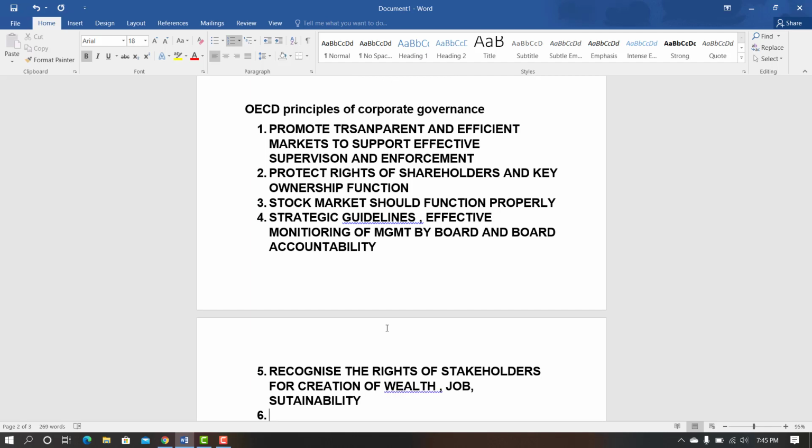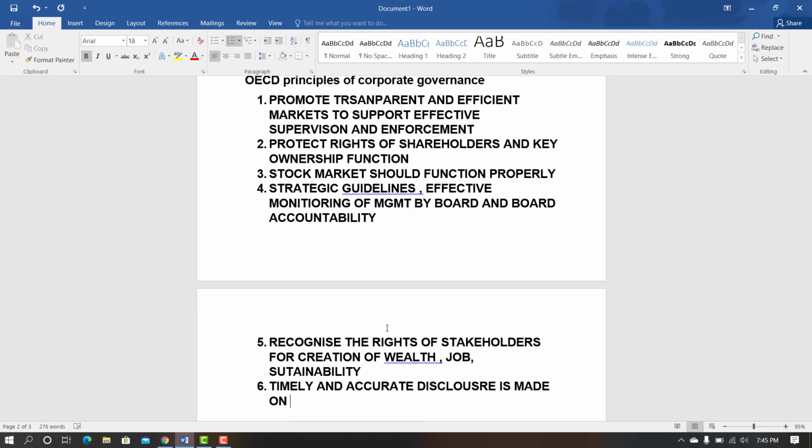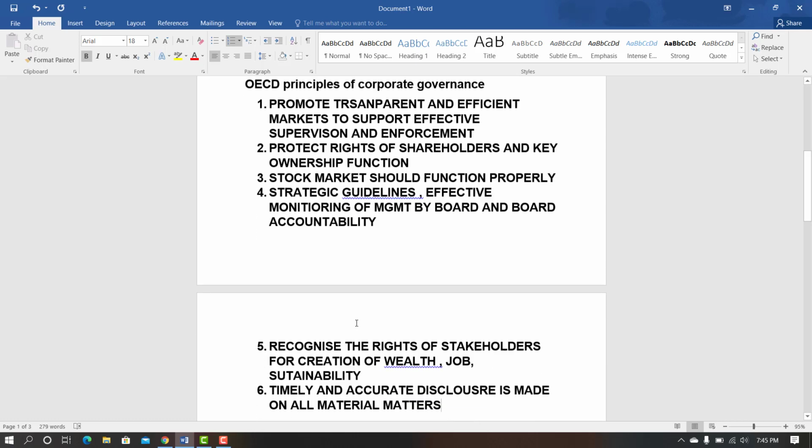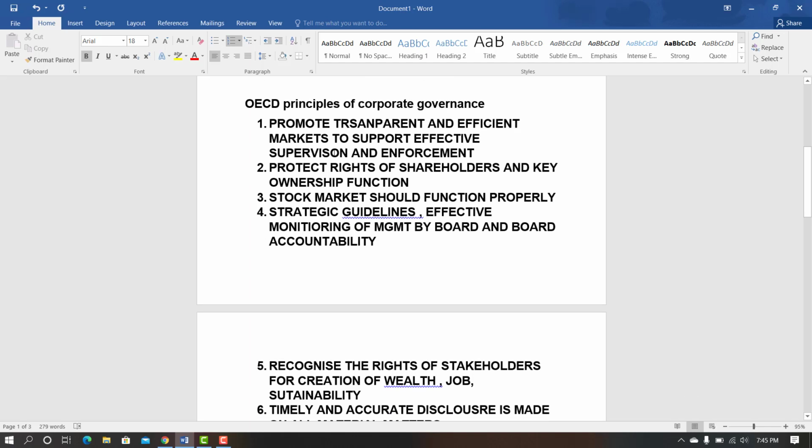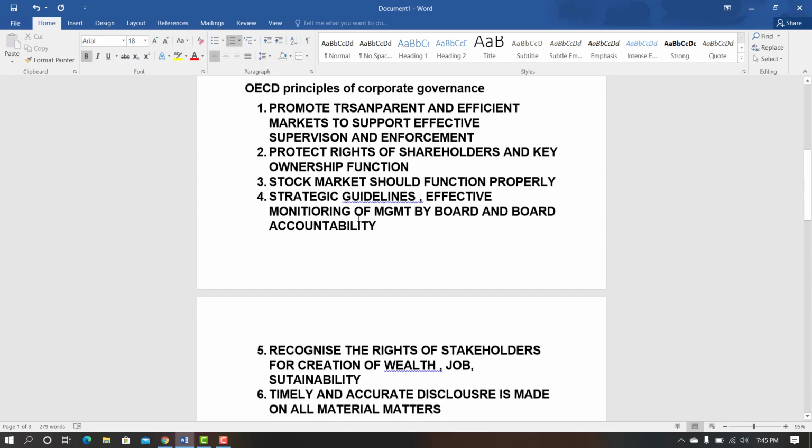And the last is timely and accurate disclosure is made on all material matters. Material means significant matters. So these are the 6 OECD principles of corporate governance which you should understand. This is straightforward, so I hope you don't need any explanation about it.